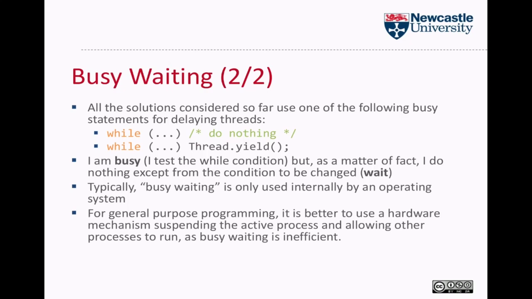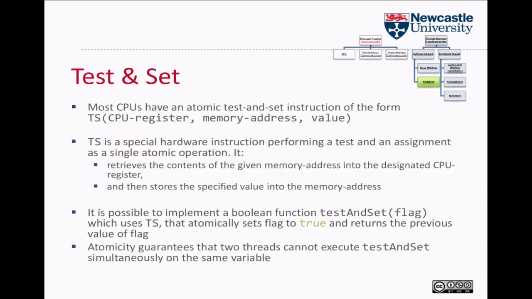And then the thing is, it's better to use a hardware mechanism suspending the active process and allowing another process to run, which is usually done through test and set. As I was saying, if you're accustomed to low-level programming like operating system level, then you have this kind of test and set on which you might have a CPU register, a memory address, and a value.